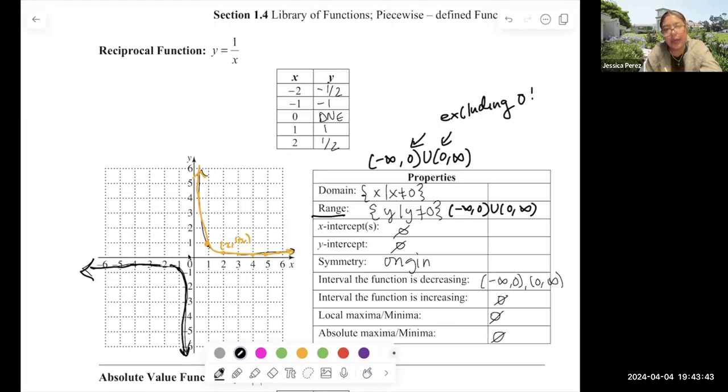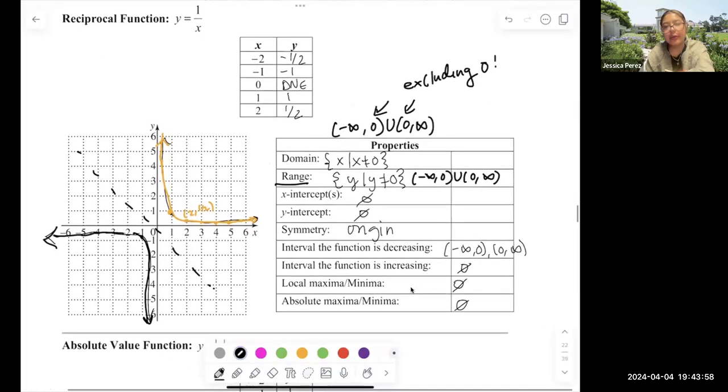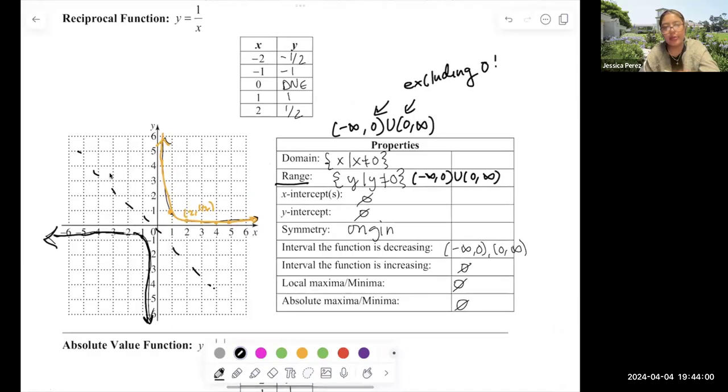The x-intercepts, you don't have one. There is no x-intercept. There's no y-intercept. There is symmetry towards the origin right here. The function is decreasing from -infinity. So see how it's from -infinity, it goes down. So this one's also always going down. It's going to go down from -infinity to 0, and then again union from 0 to infinity.